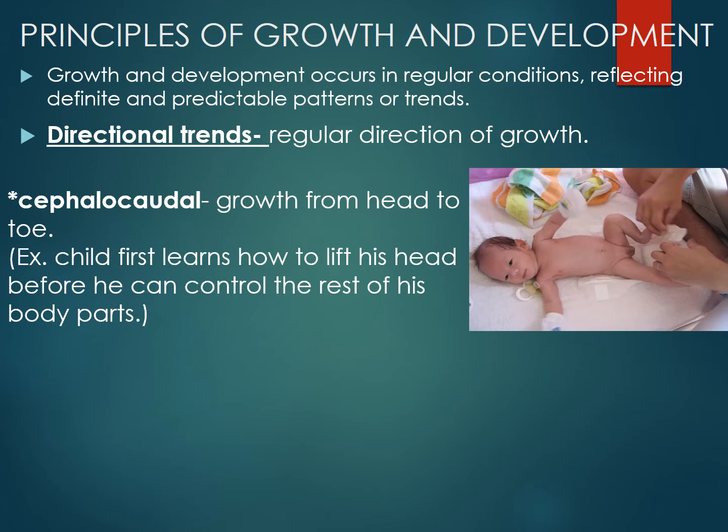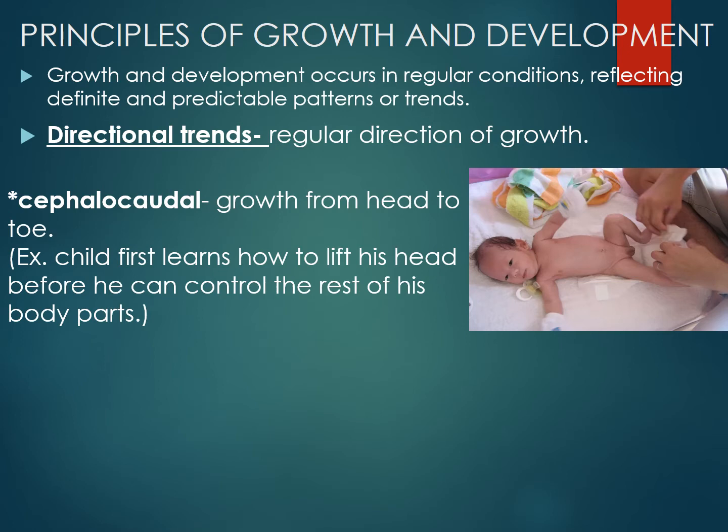So example, when a baby is born, the biggest organ of the body is the head. Mapapansin natin that it occupies almost 1/4 of the total length of the infant. So that is a great example that growth and development really begins from the head and ends in the toes.